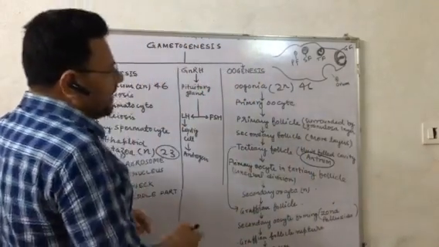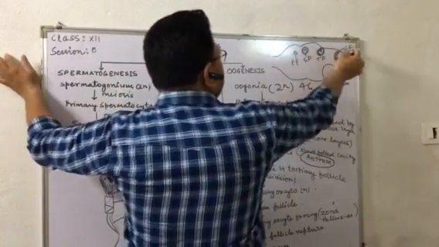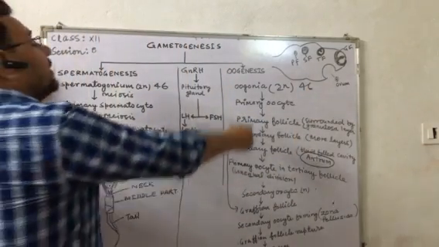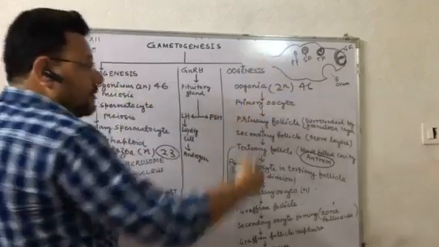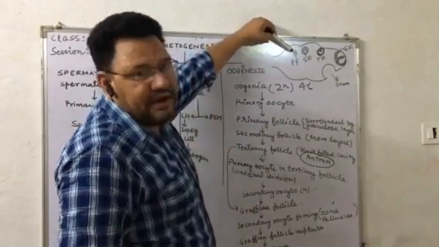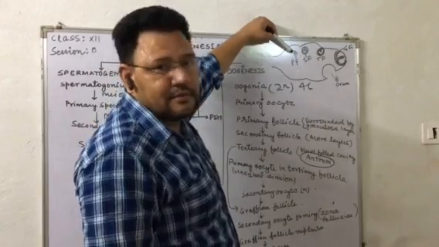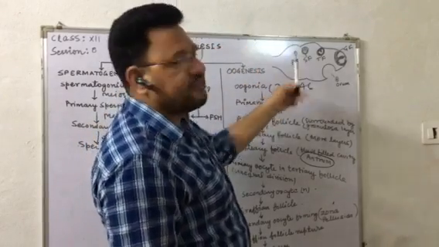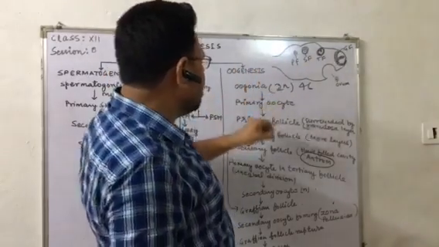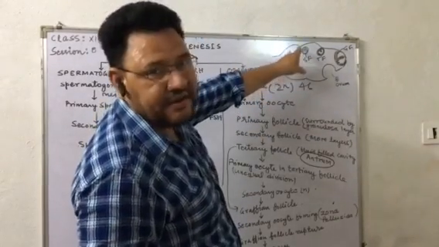I made a diagram here also. This particular diagram represents what we have discussed here. You can see this is a primary follicle. I made it surrounded by one layer. I have written PF. It means it is a primary follicle, which consists of a primary oocyte inside.